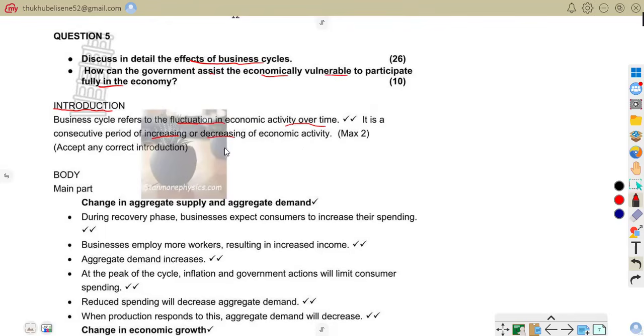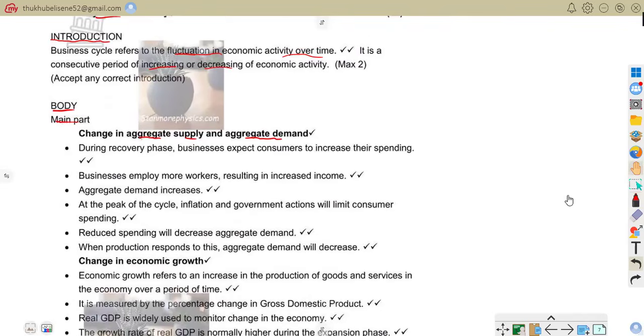So let's quickly go to the body, which is the main part. Here we are talking about the change in aggregate supply and aggregate demand. During the recovery phase, business expect consumers to increase their spending.